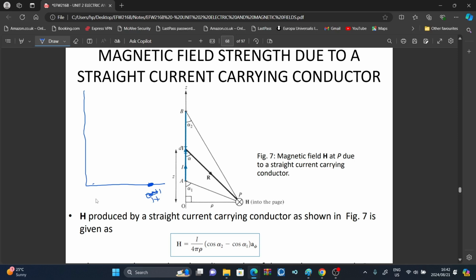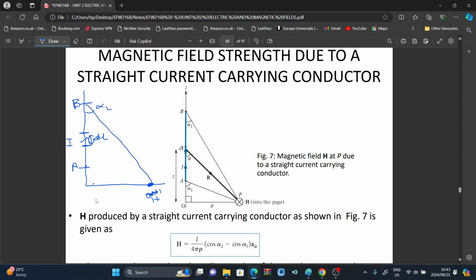Then we are given that the current is moving through the conductor from this point, I. Then we have this short line, which is our length dl. Then we have our point A where we want to calculate our strength, and a point B. Then you just draw a straight line from there to there. That will be alpha 2.